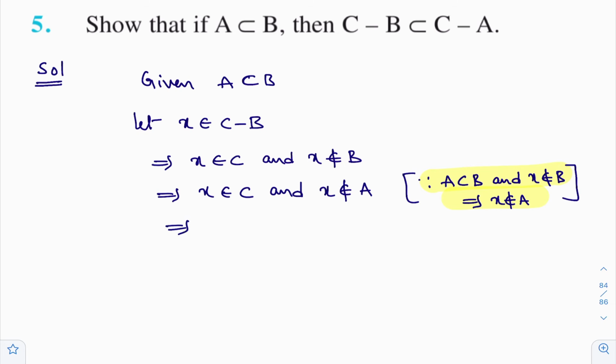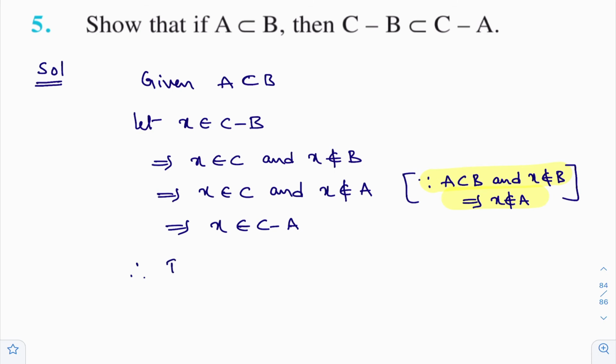From this, what can I say? I can say that x belongs to C minus A. C minus A means what? All the elements present in C but not in A. You see here, x is an element present in C but not in A. So what I got here is, when A is a subset of B, then C minus B is a subset of C minus A. I hope you understand this. I'll conclude here.